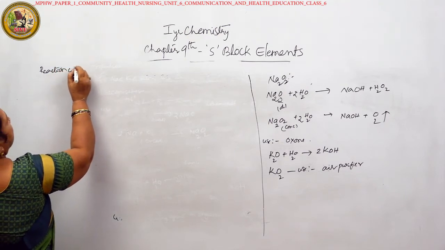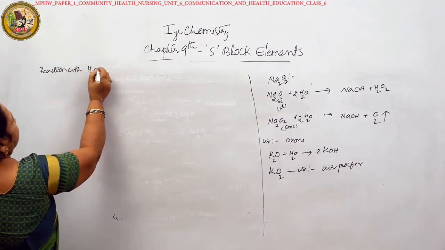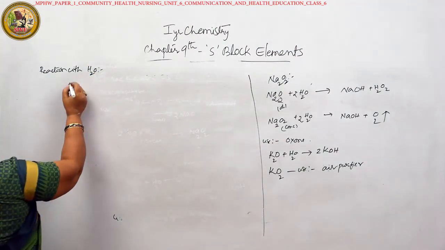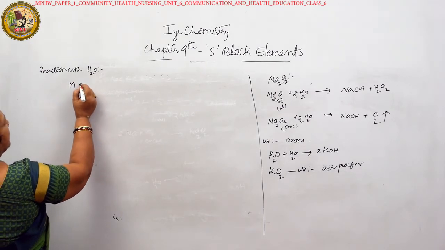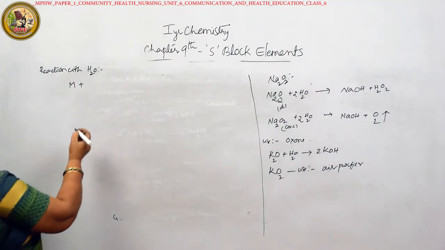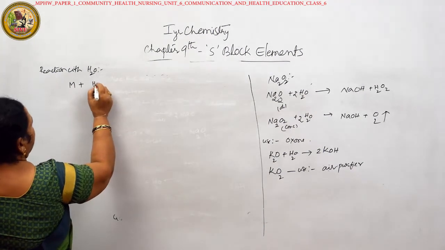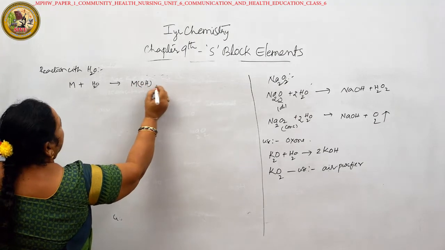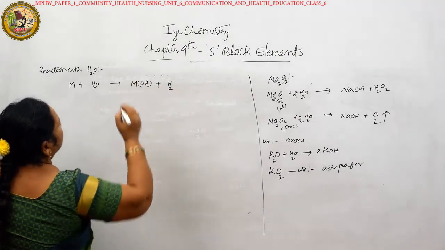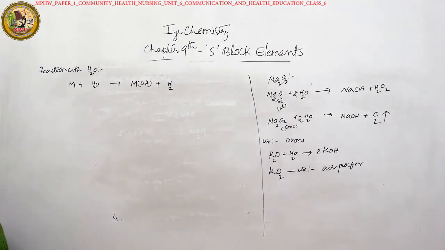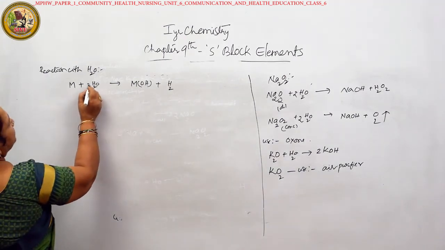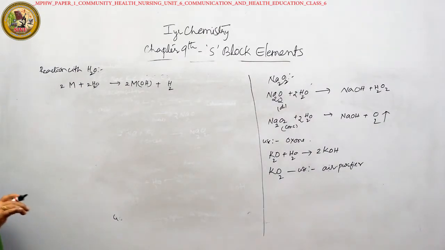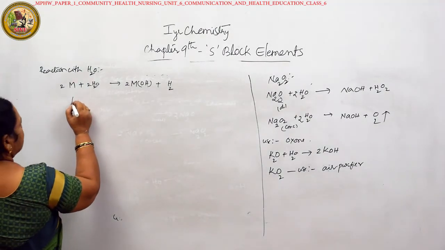Reaction with water. When these elements react with water, I am showing a general example here, where M indicates alkali metal. When it reacts with water, it forms MOH and releases H2. Suppose M is sodium.